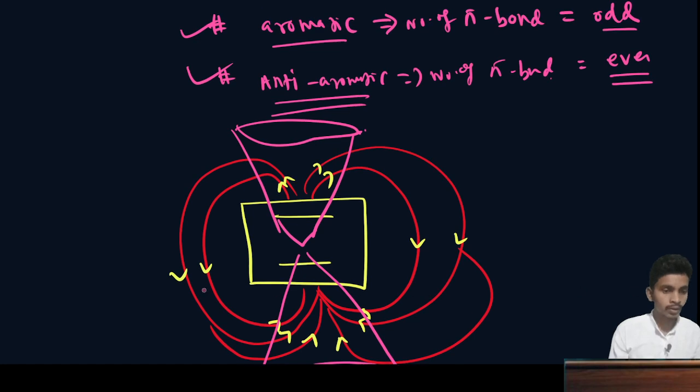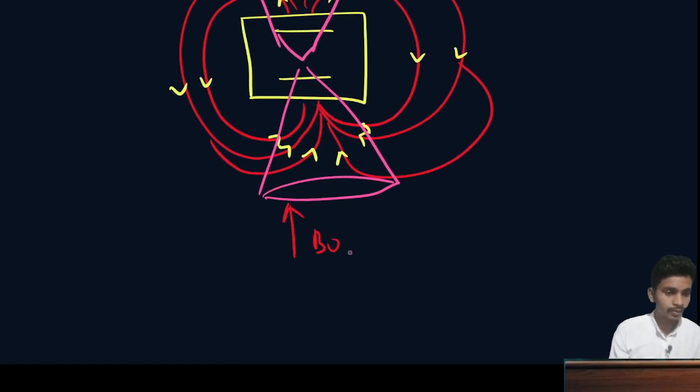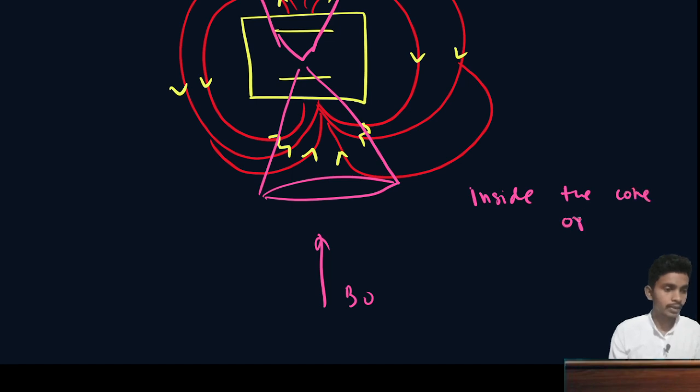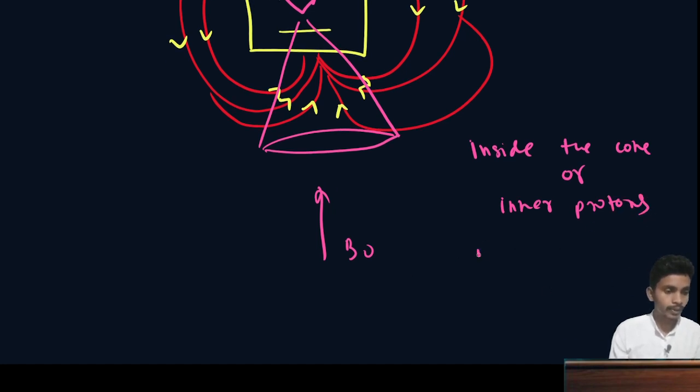Okay, so now if you draw the cone here, let's say this is the B naught. For inside the cone, or we can say inner protons, B effective is in the same direction, so B naught plus B induced.